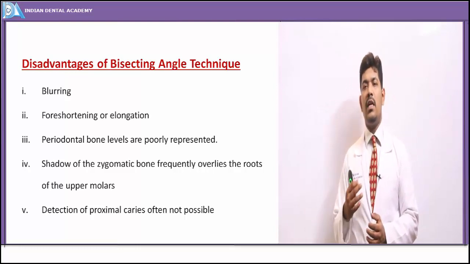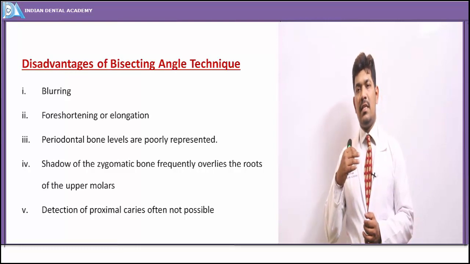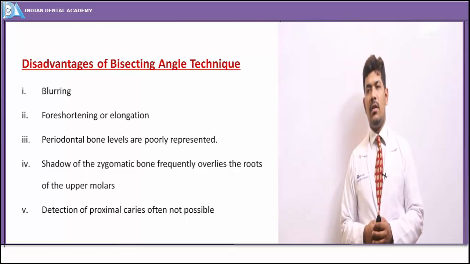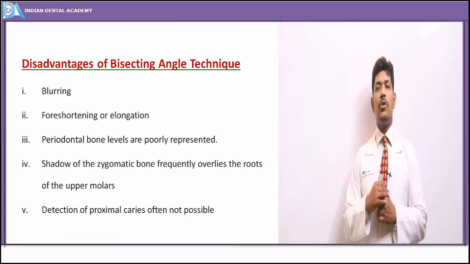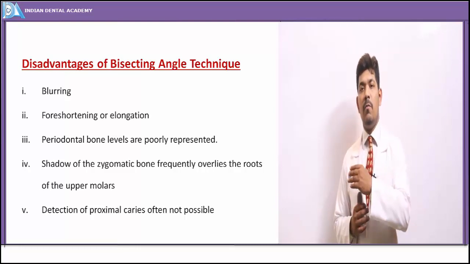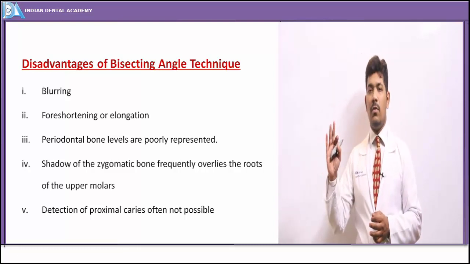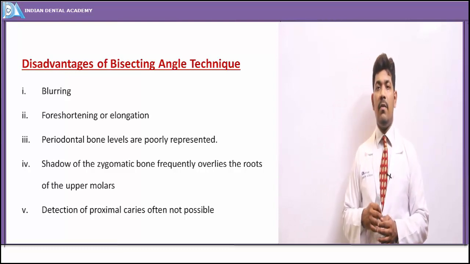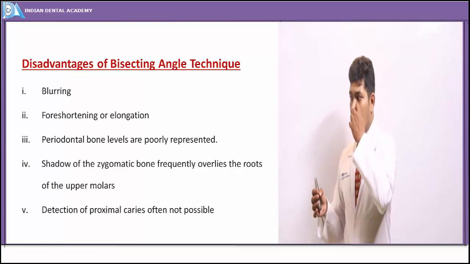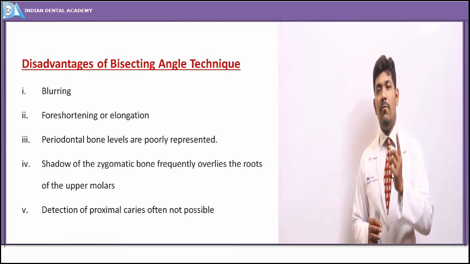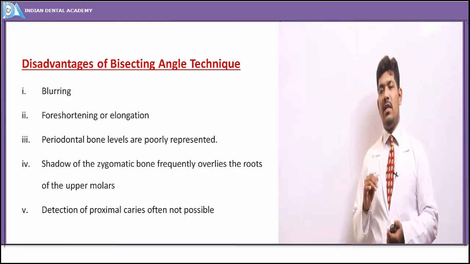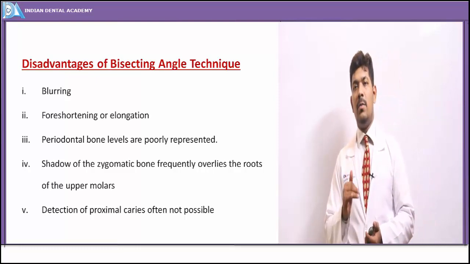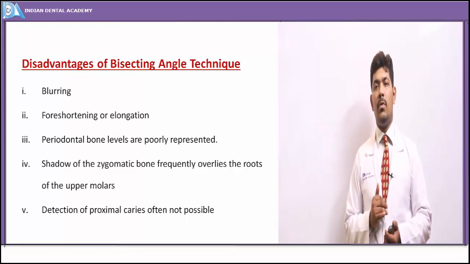But in most cases, if there is a slight deviation from this practical usage of the rule of isometry, we'll have foreshortening or elongation on a dramatic basis, and also blurring of the image. Now the periodontal bone levels are not very well represented here, primarily because the X-ray beams are not parallel to the alveolar bone or the surrounding bone structures.